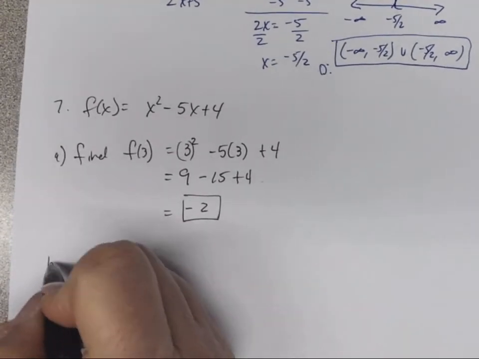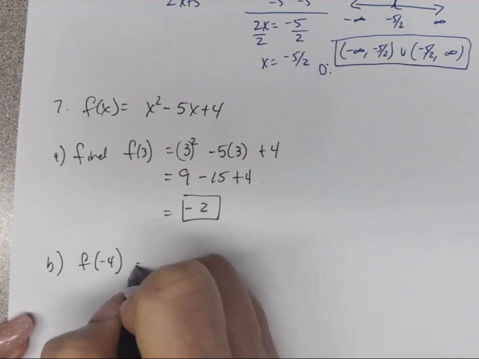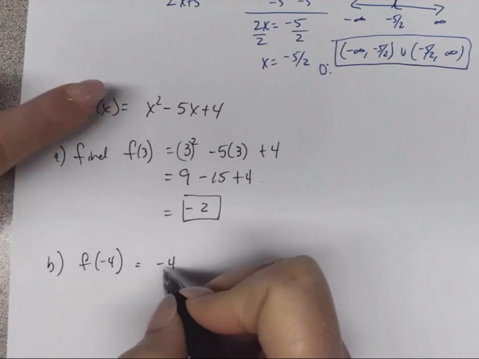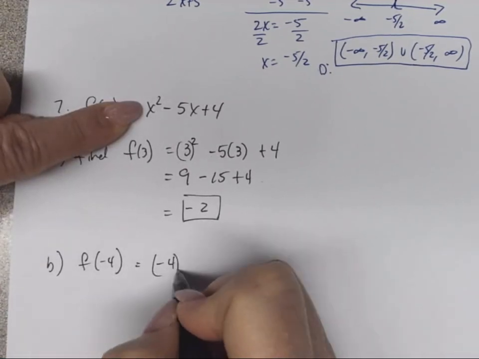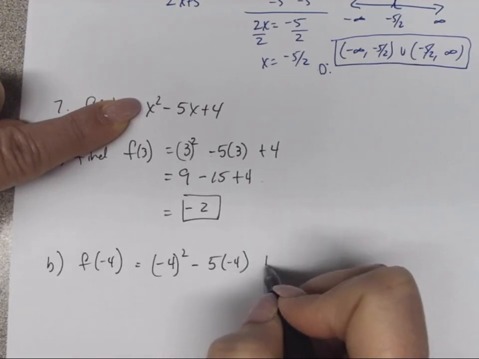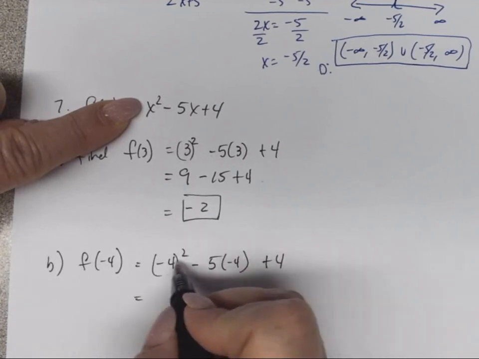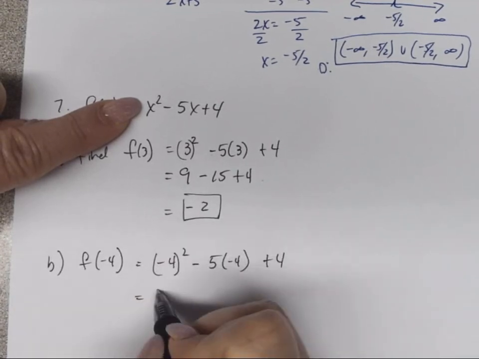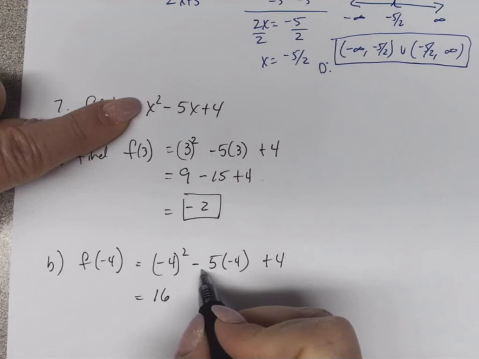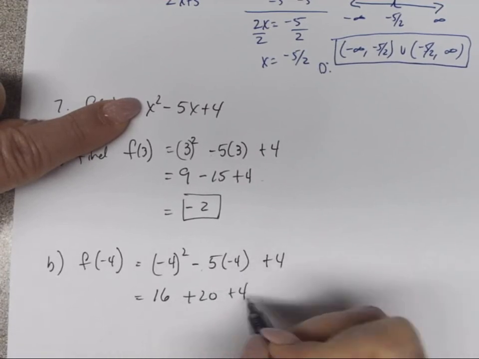All right, part B, we are looking at f at negative 4. So negative 4, we're going back up to our original function, squared minus 5 times negative 4 plus 4. Well, negative 4 squared, again, because the whole thing is being squared, we're getting a positive 16. Negative 5 times negative 4 would be positive 20 plus 4.